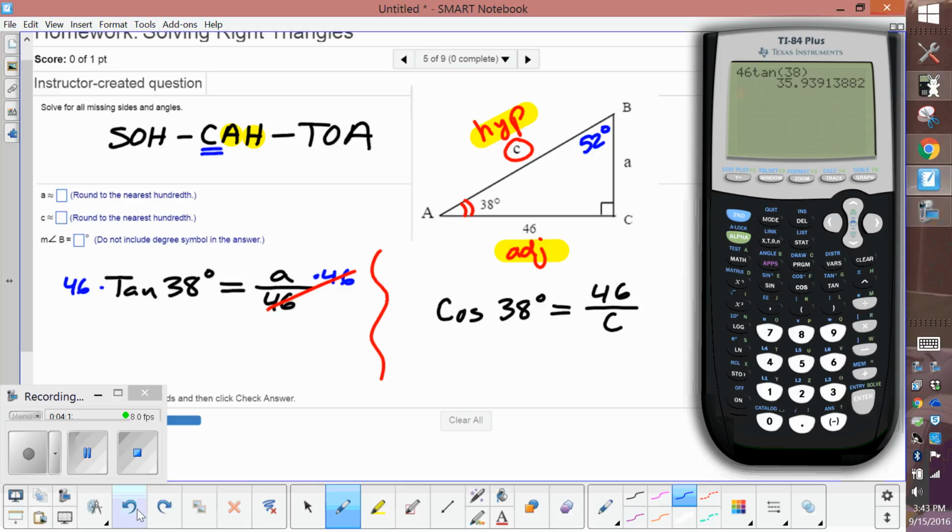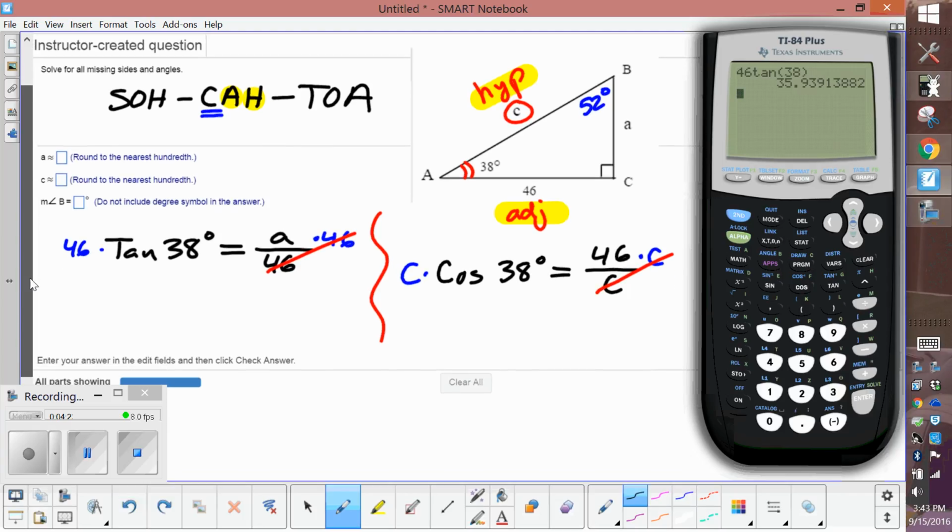I'm going to go ahead and get c out of the denominator. The opposite of dividing by c is multiplying by c. This would go away. If I wrote it out, I would now have c times the cosine of 38 degrees equals 46. My goal is to get c alone.